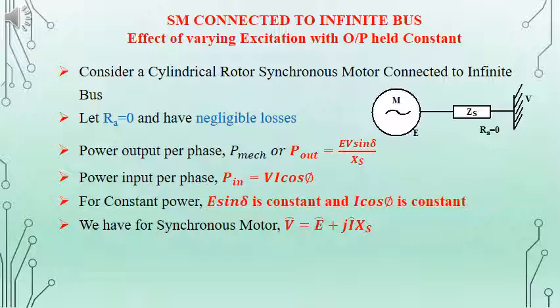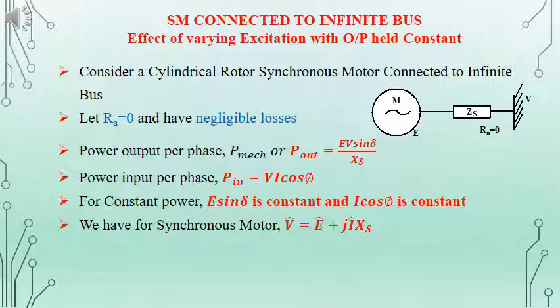We have the equation for the mechanical power output for synchronous motor, that is for cylindrical type, as P out equal to EV sin delta divided by XS. This is per phase output, and the power input to the synchronous motor is given as V I cos phi.